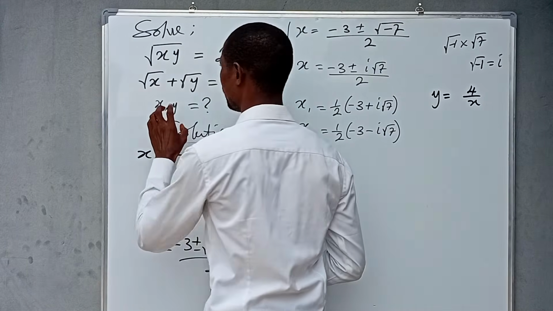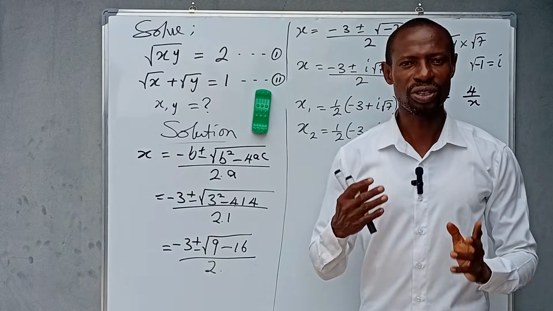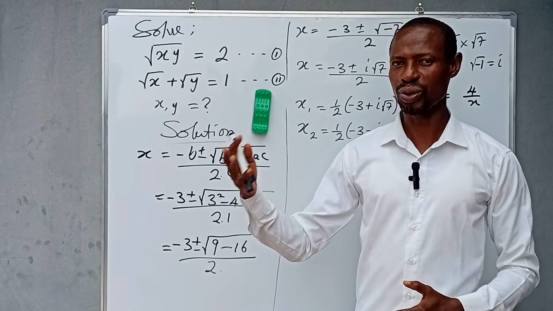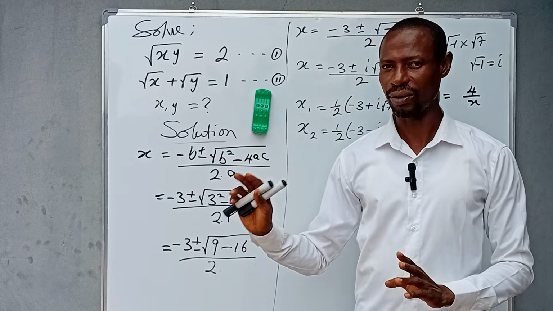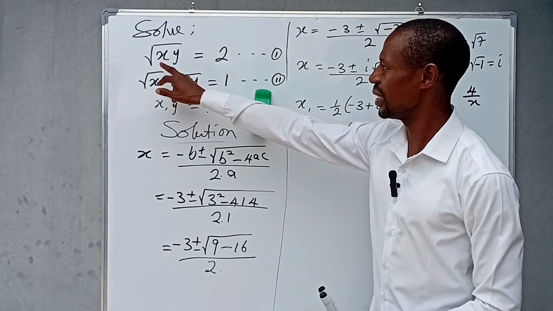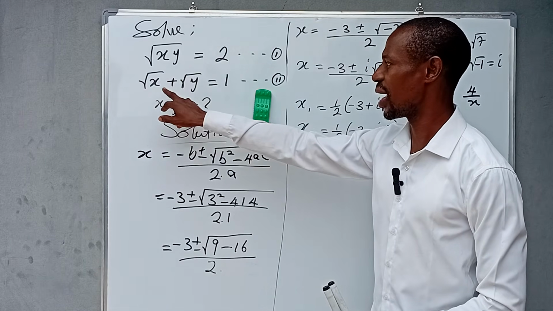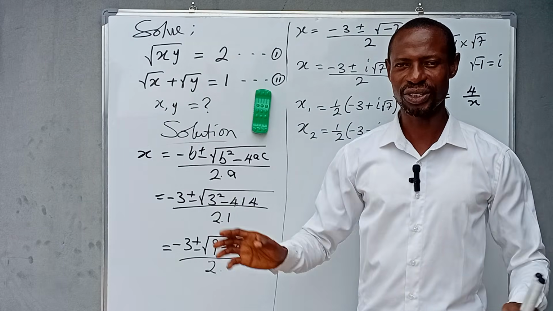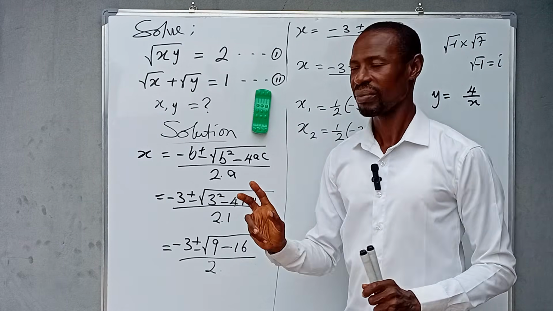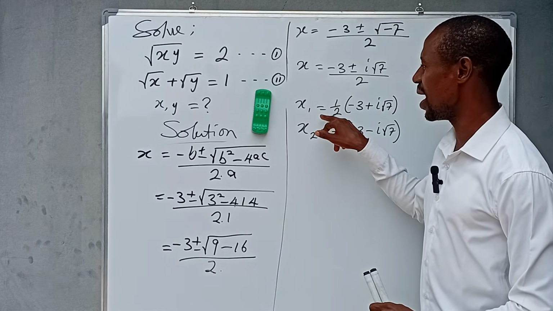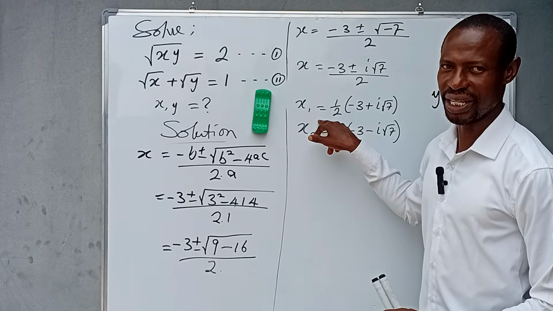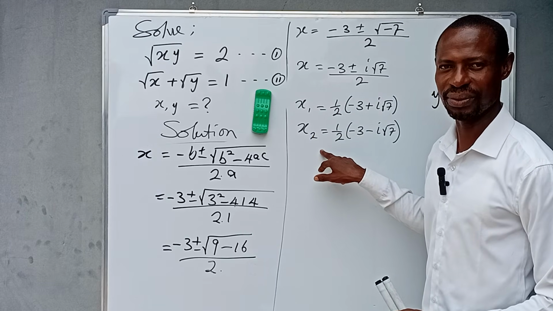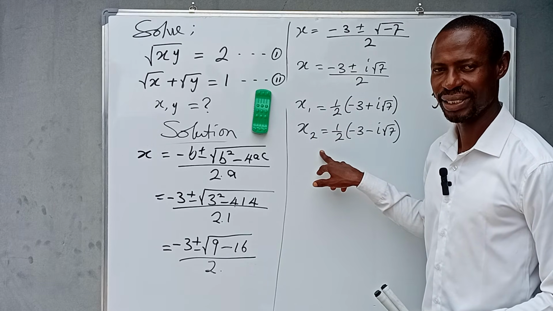But whenever you have a problem of this kind, you don't have to waste your time and energy solving for y1 and y2, because we have x times y and x plus y here. All you need to do is that the conjugate of x1 will give you the value for y1, and the conjugate of x2 will give you the value for y2.